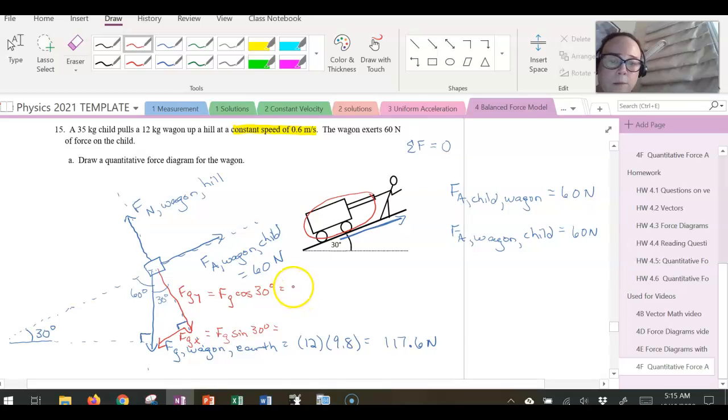Tells me that the y component is equal to 101.845 newtons, and the x component, which is the 117.6 times the sine of 30 degrees, is 58.8 newtons. Okay.